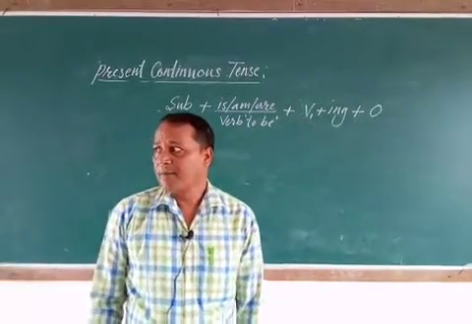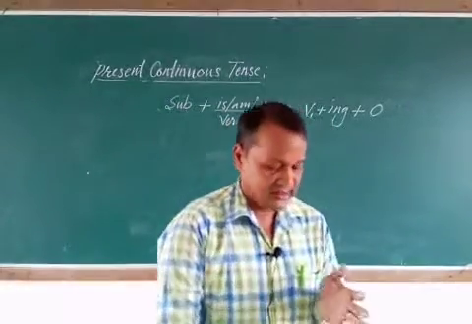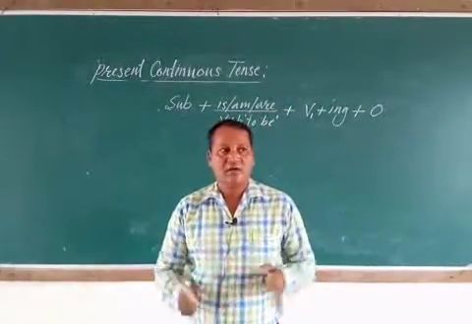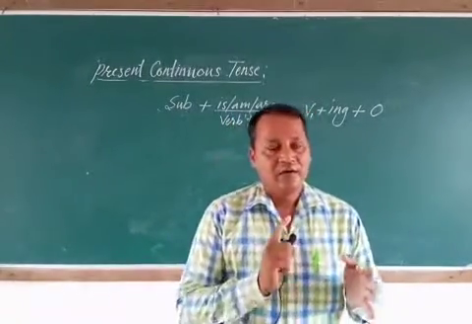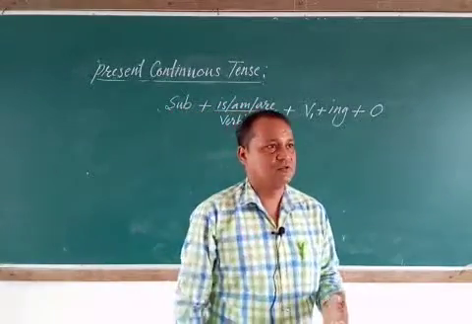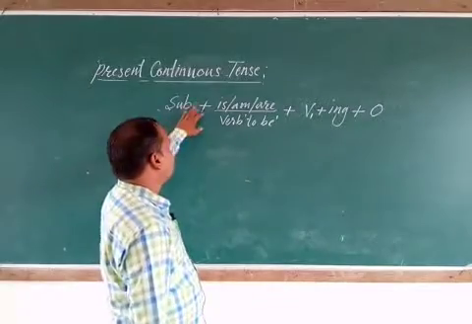So remember, the structure would be first the subject, and then verb to be, meaning is, am, are, then the first form of the verb with ing, then other words. Very simple. Remember the structure.